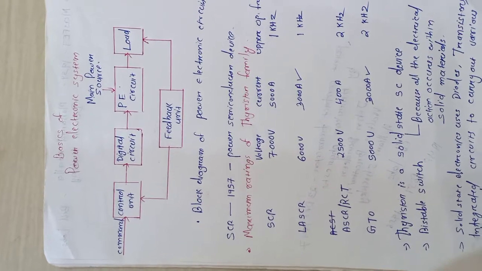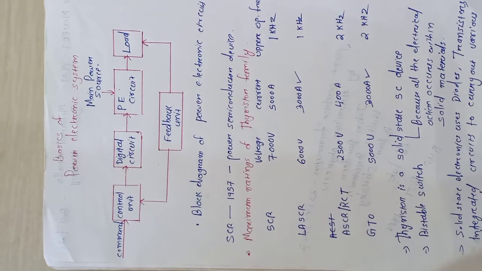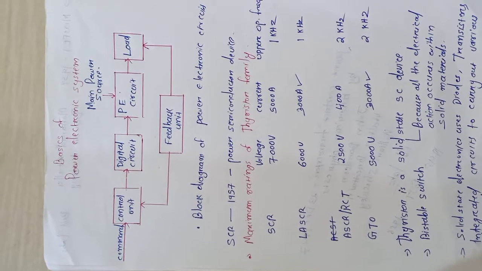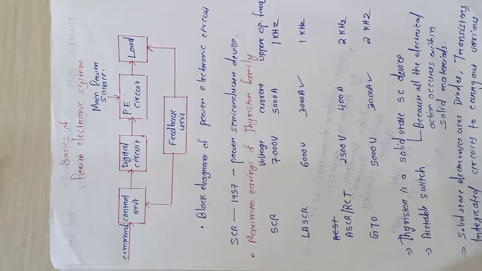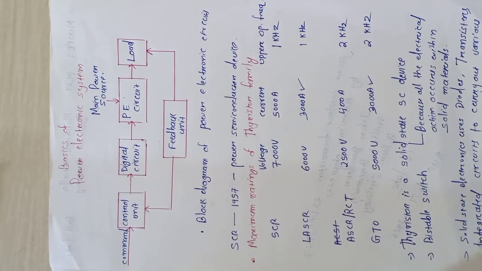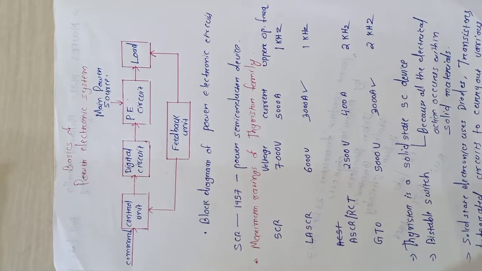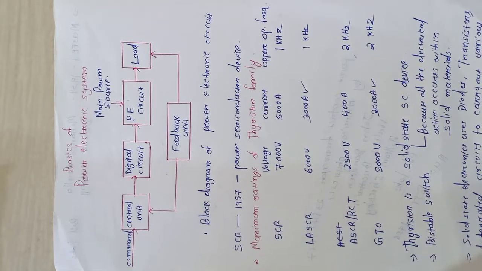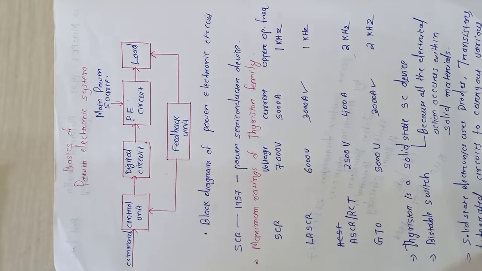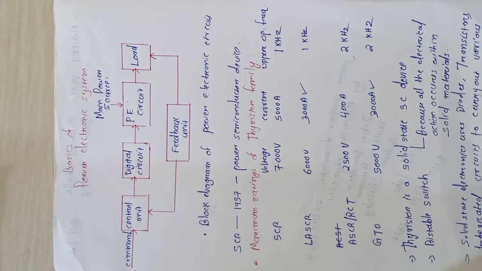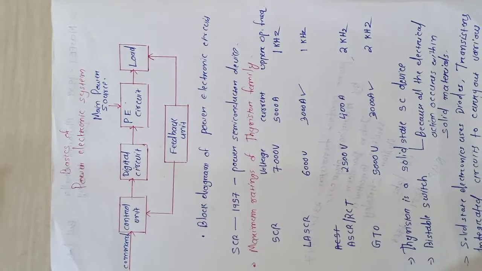Now we will learn about the output. The output from the power electronic circuit may be a variable DC or AC voltage. It may be a variable voltage and frequency also. In general, the output of a power electronic converter depends upon the requirements of the load. What are the requirements of the load? What does the load need?